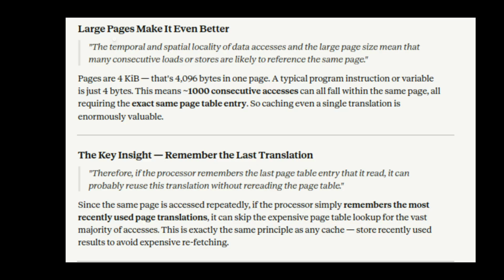So even if you cache just one page, it will be much more valuable. What it is basically doing is that if the processor remembers the last page number entry that it reads, it can probably reuse this translation without reading the page table. So that is what the translation means.